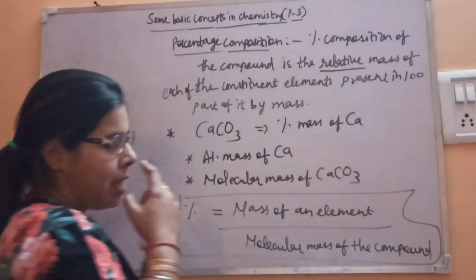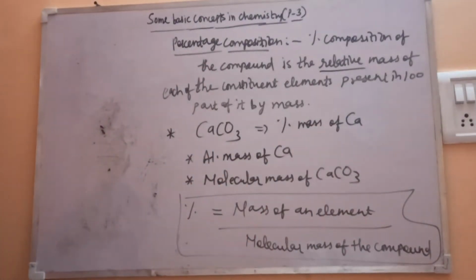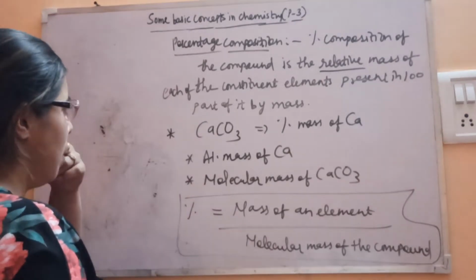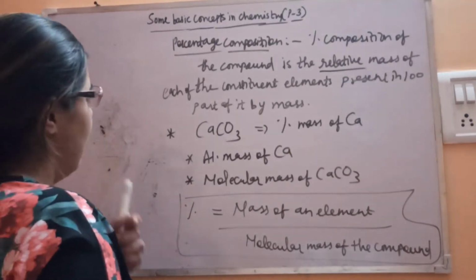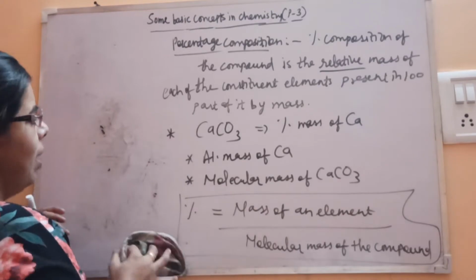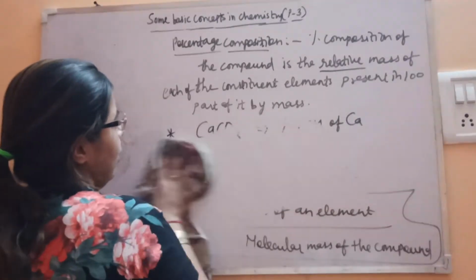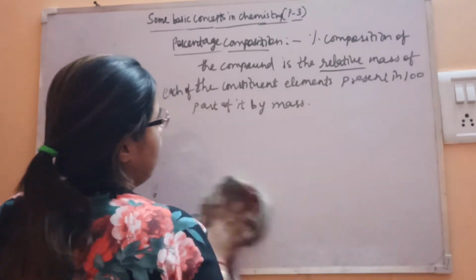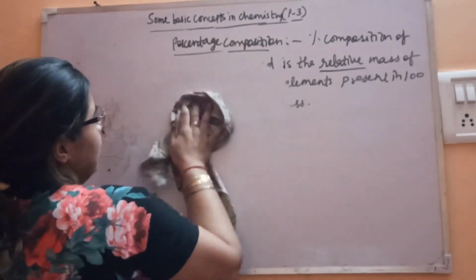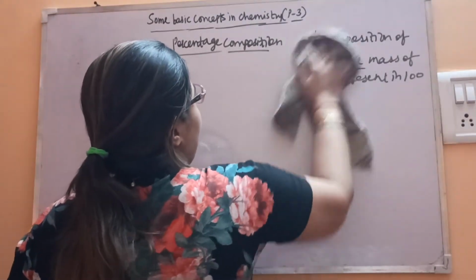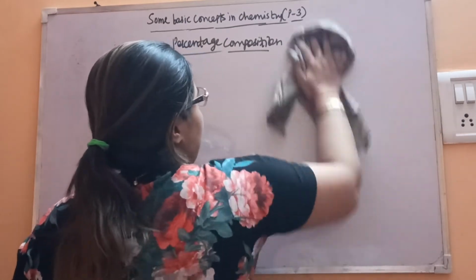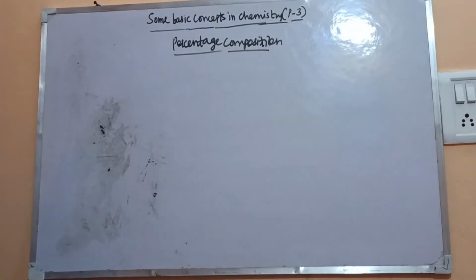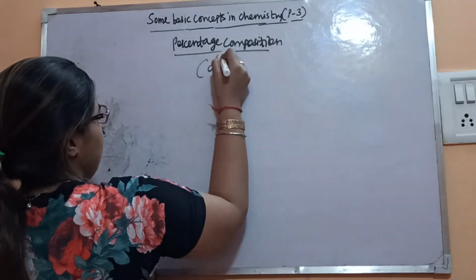So let's calculate for this. Okay, so this is the formula. Let's apply it to the compound calcium nitrate.